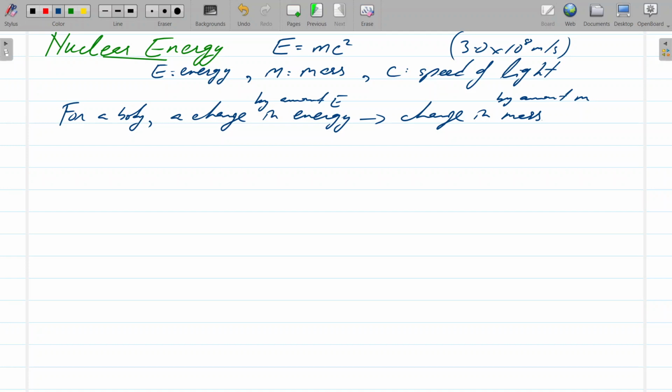And so what this means comes to the theory of mass defect. That is an implication.